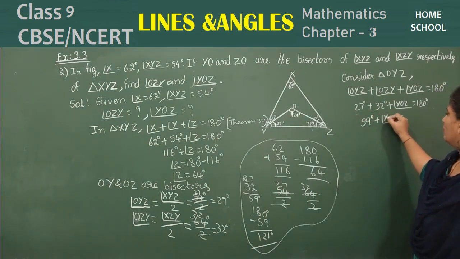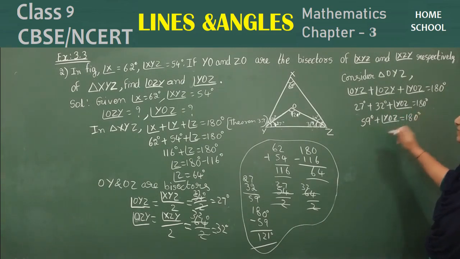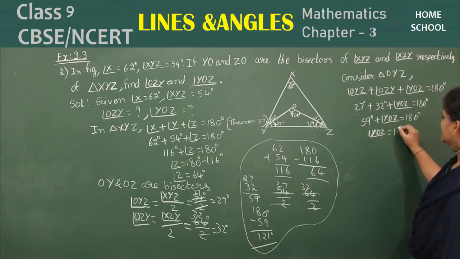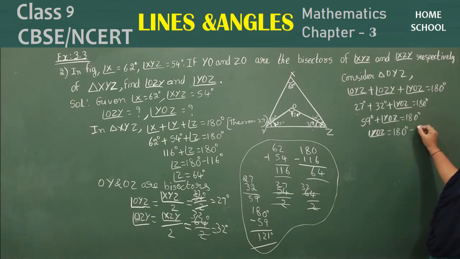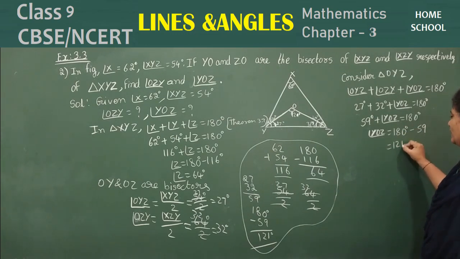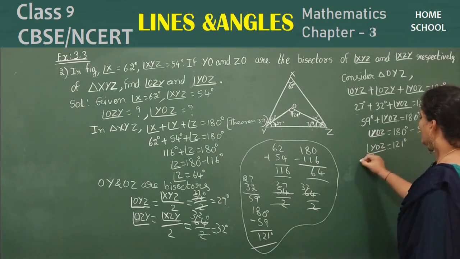Plus angle YOZ is equal to 180 degrees. This 59, send this side. What happens here? Angle YOZ is equal to 180 degrees minus 59. That will be 120 degrees, the value of angle YOZ.